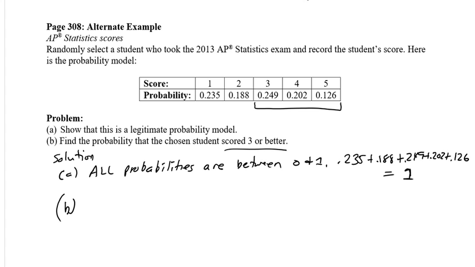Okay, so if we take 0.249 plus 0.202 plus 0.126, we get 0.577. So about 57% of the people who took the AP test passed it in that particular year.